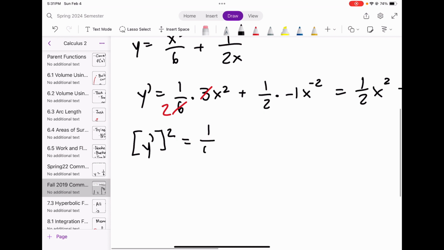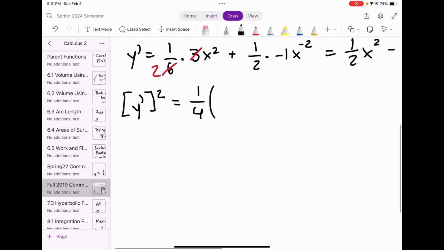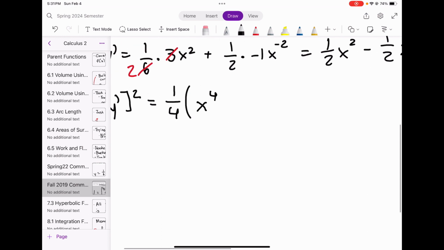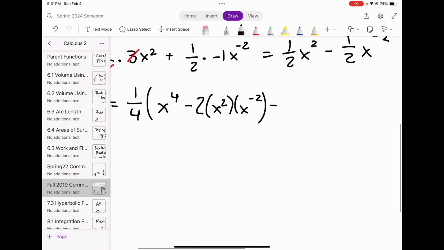So we get 1/4 times x to the 4th minus 2 times x squared times x to the -2 plus x to the -4th. And this will cancel out to give us 1, so it's just going to be 2 there.